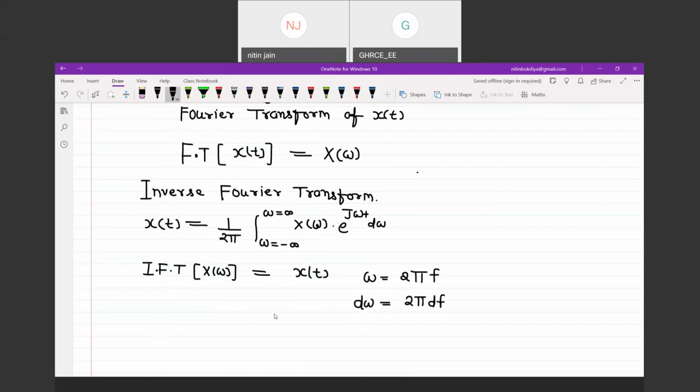So we can write the inverse Fourier transform as a function of f also. x of t is 1 over 2 pi, integral from f equal to minus infinity to f equal to infinity of x of f. Now whether the function is of omega or of f, it makes no difference.